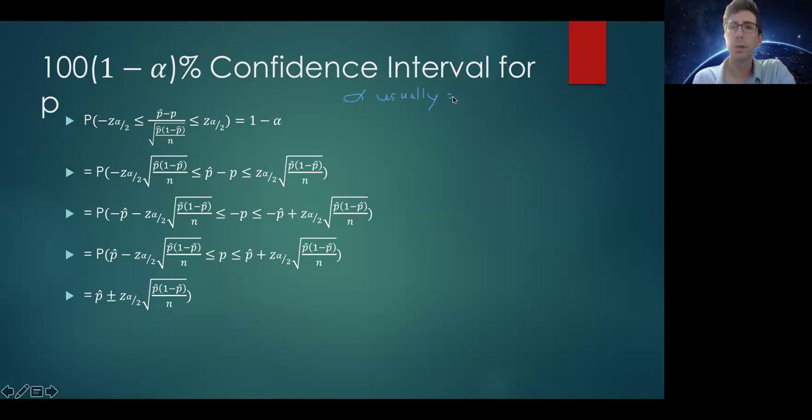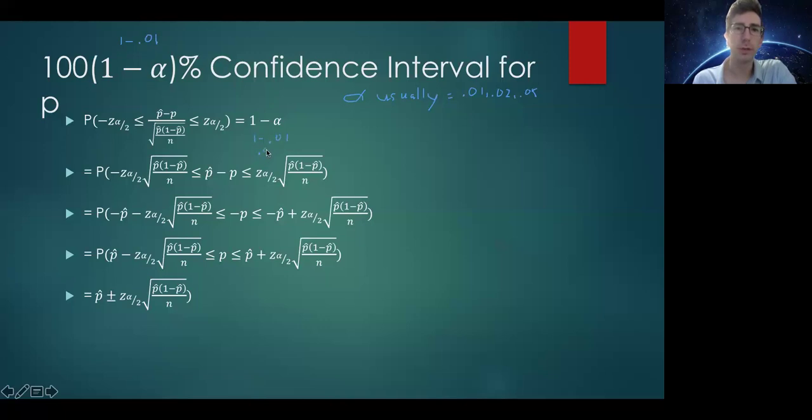Usually it could be 0.01, might even be 0.02 or 0.05. Right, so if alpha is 0.01, well, 1 minus 0.01, we could do it over here too, right?